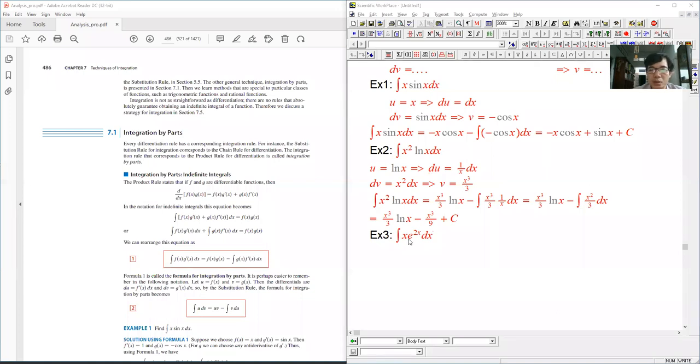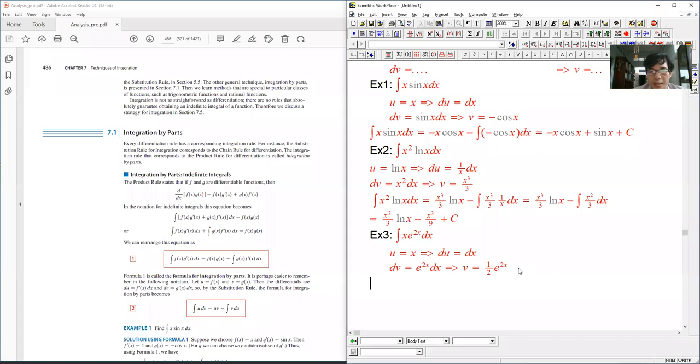We can see that there are no logarithms here, so we choose the polynomial for u. u equals x, and we find the derivative, du equals dx, and we set dv for what is left. We integrate this to get v equals one half e to the power 2x. We divide by the number before x, and we keep the formula of e.